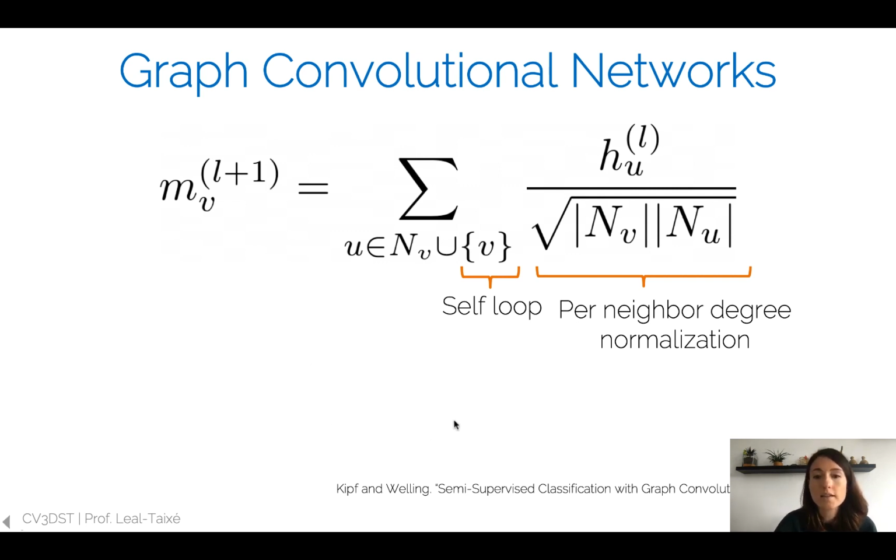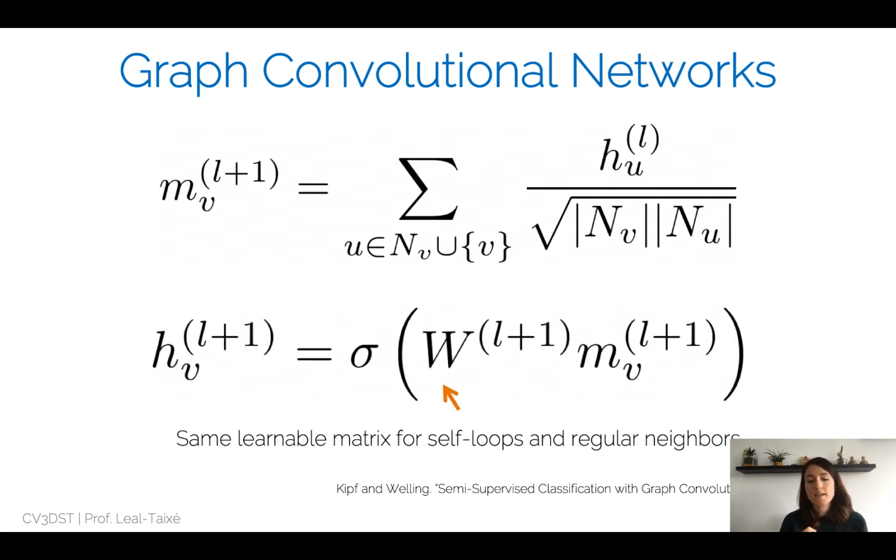So there is this notion of a self loop here, that there is a connection between the node and the node itself. And of course, now we have to change a little bit the notion of normalization. So normalization is also going to take into account its own node. And so we're going to have a per neighbor degree type of normalization. But essentially, it is the same as we did before, just an aggregation step where you gather information from your neighbors, and in this case, from yourself.